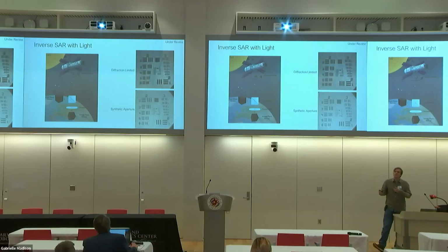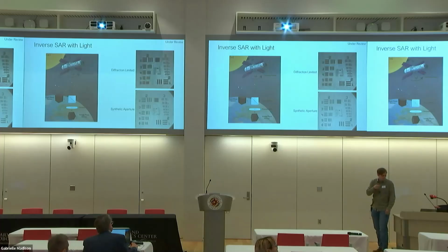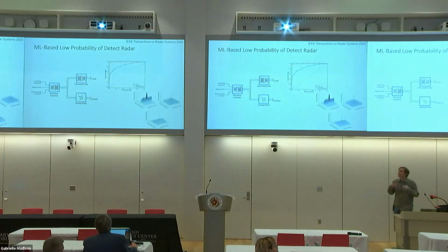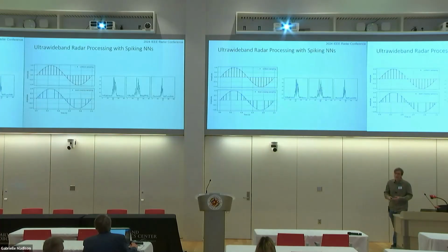And then recently have been again applying inverse synthetic aperture radar ideas to hopefully reconstruct high resolution satellite images using low resolution diffraction limited measurements and leveraging the fact that a satellite rotates as it passes above you. And then sensing in contested environments: low probability to detect radar systems, computationally efficient, sample efficient, ultra wideband radar systems, and what have you.